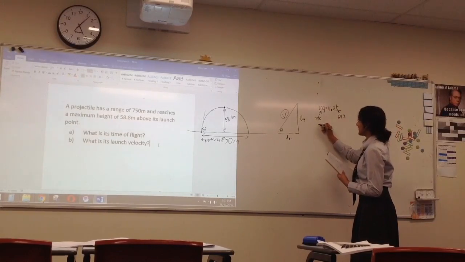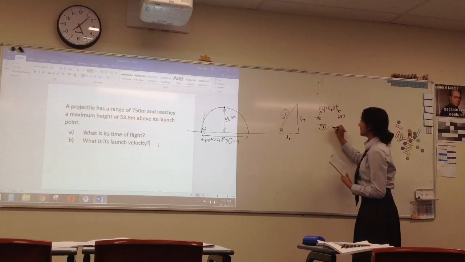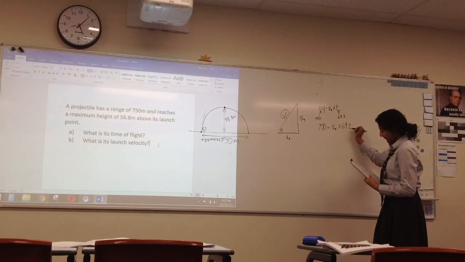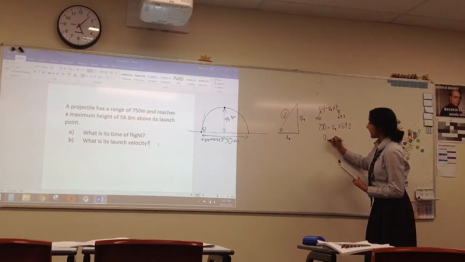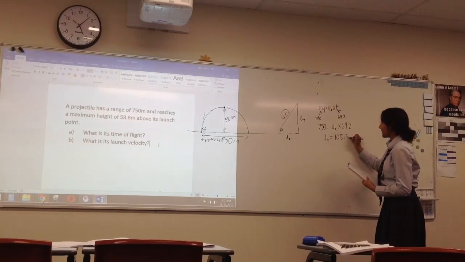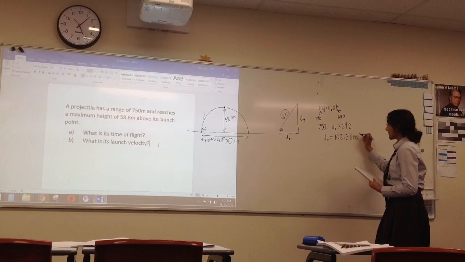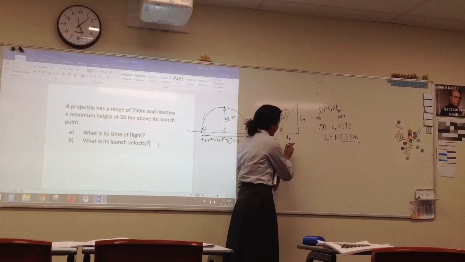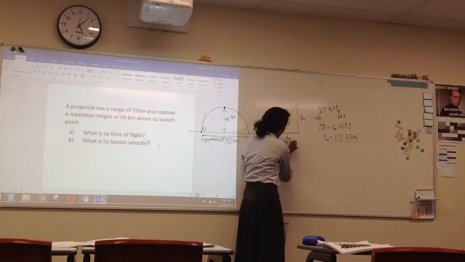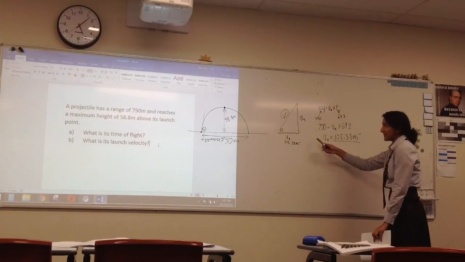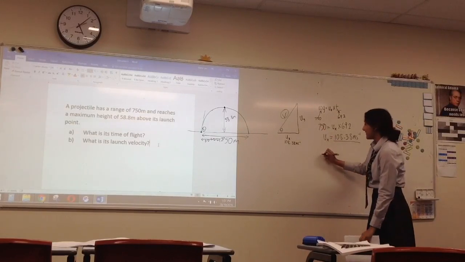So we can write 750 equals ux into 6.92, and from this, ux equals 108.38 meters per second. So this is our ux.